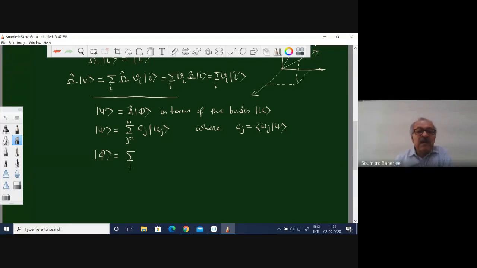Now it will be sum over j equal to 1 to n of a_j u_j, where a_j are the projections of phi on the u_j.